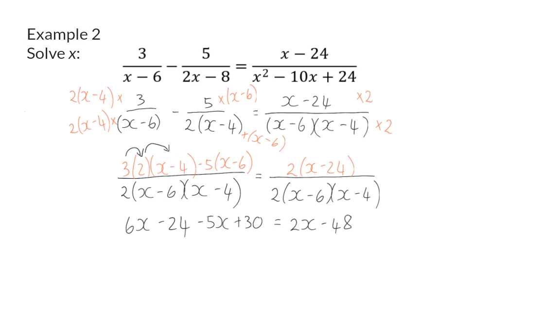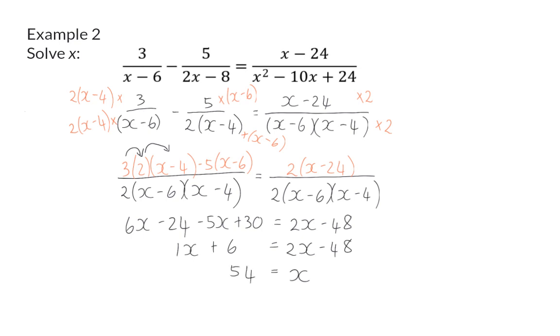When I simplify the left-hand side, I will get 1x plus 6, and now I can solve this linear equation. So when I move all the x's to the right, I will immediately have 1x, and the constant will be 6 plus 48, so x will be 54.